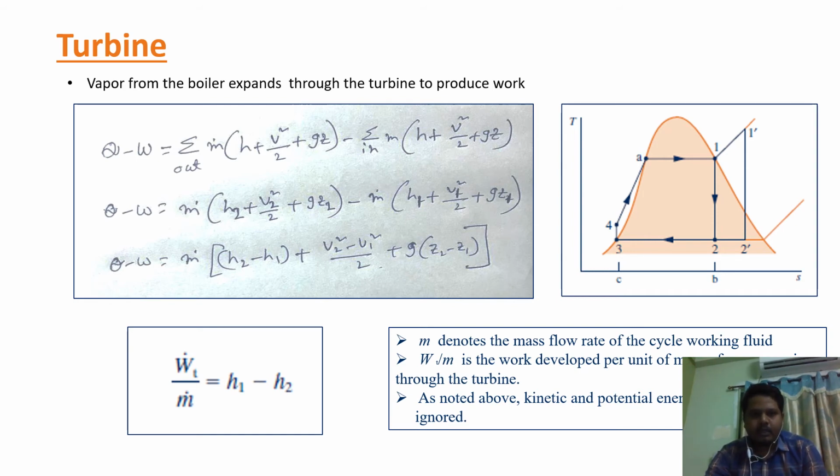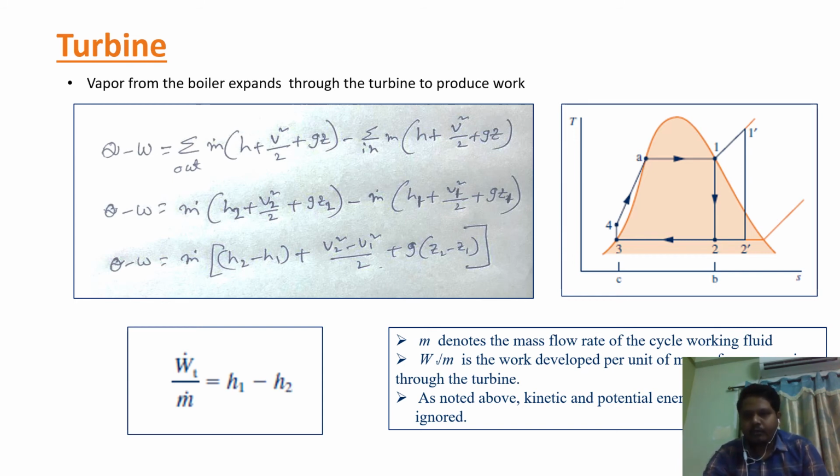If we simplify, we can write it as Q minus W equals m dot times [(h2 minus h1), the change in enthalpy, plus (v2 square minus v1 square) by 2, the change in kinetic energy, plus g(z2 minus z1), the change in potential energy]. So this is the equation when we apply the first law to an open system, since the turbine is an open system.